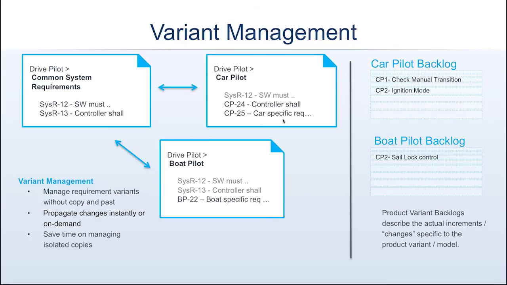Whenever there is a requirement that is shared, you want to prevent the situation that you simply copy the specification from one place to the other, and because of that, you simply include a reference to the common requirements. This helps you to propagate the changes instantly or on demand from the common system requirements into the actual variant specification documents. This saves a lot of time on managing isolated copies of my variant specification documents.